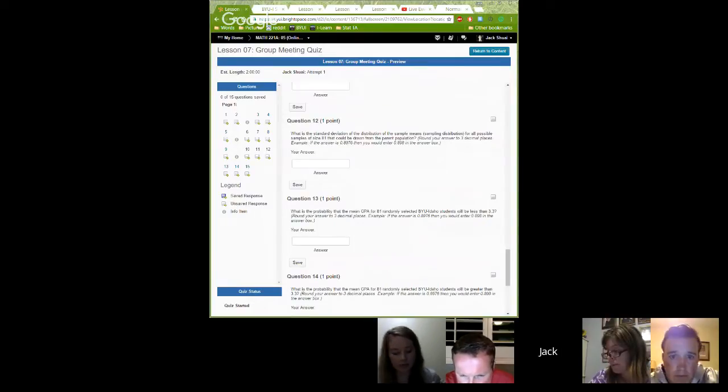So it's essentially 0.7, the standard deviation, divided by the square root of the sample size, which is 81. So it's 9, and 0.7 divided by 9.